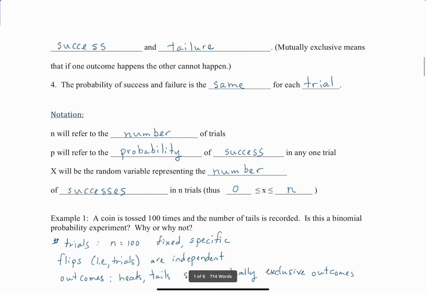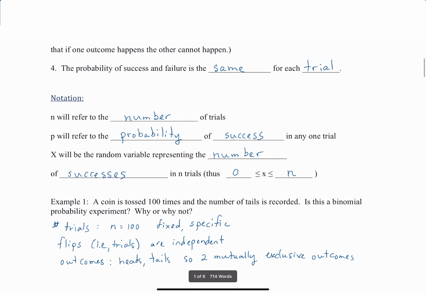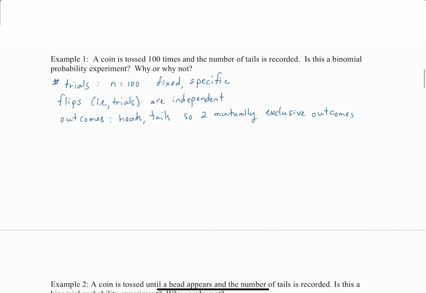And the fourth one, the probability of success and failure needs to be the same in each trial. By the way, since we're counting tails in this experiment, that means that tails would be the one we are referring to as success.